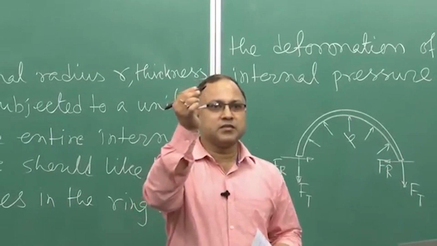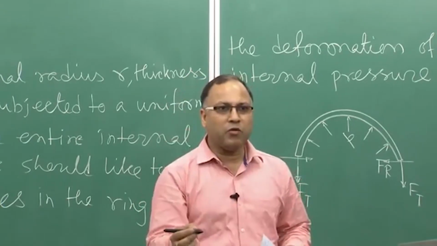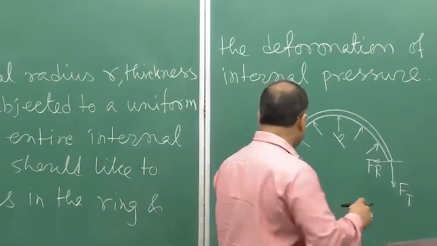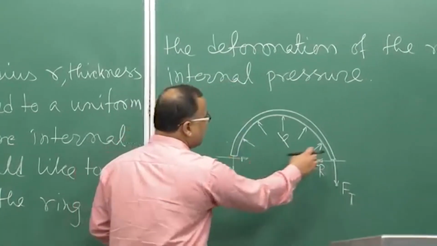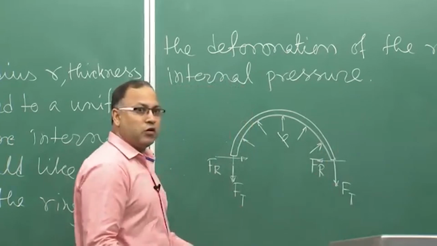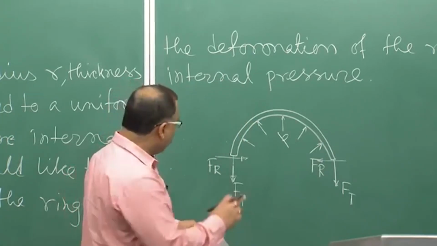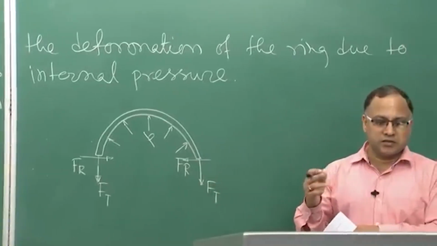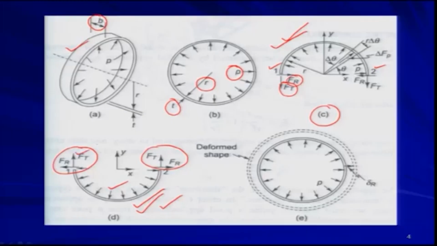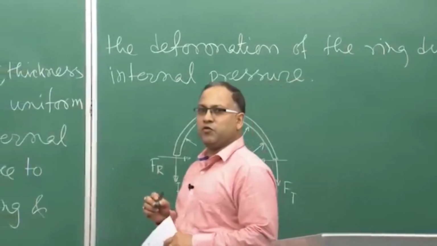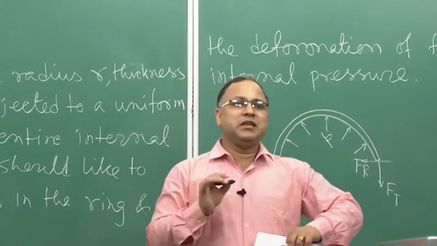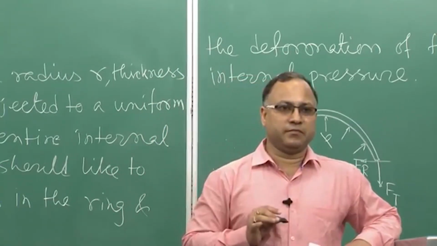Ft is going away from the plane. So, Ft is tensile in nature, it will try to pull the hoop. To balance this, in the lower half it will be just opposite, equal and opposite. So, that is getting satisfied by this.